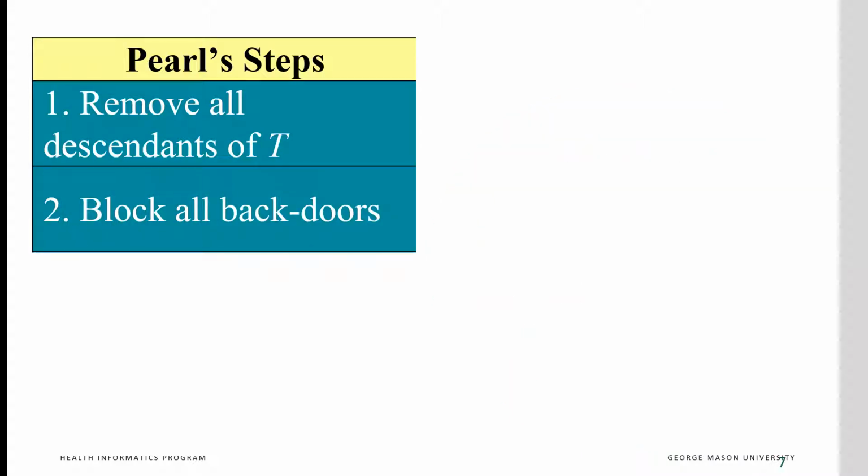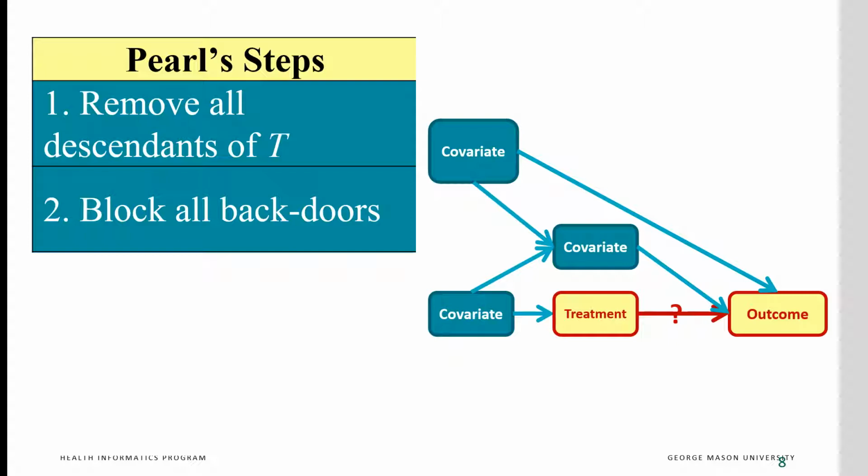The second step in Pearl's do operation is that one should select a set of variables that will block all the backdoor paths from outcome variable y to treatment variable t. Backdoor paths refer to nodes that start with outcome and follow the direction or against the direction of network arcs till one reaches a node that points to treatment.